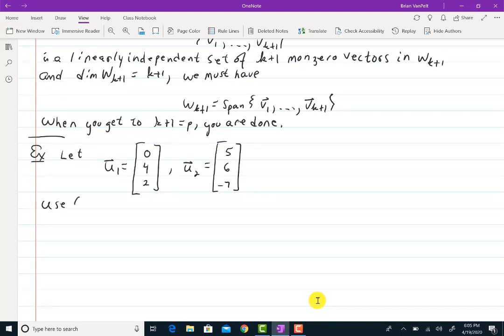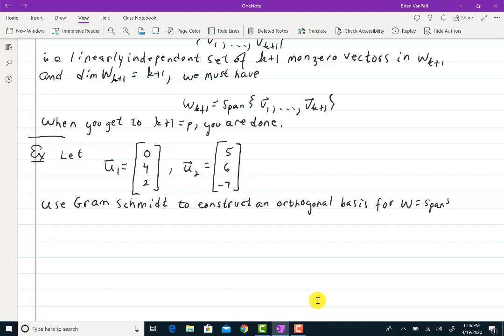Use Gram-Schmidt to construct an orthogonal basis for W, which is the span of u1 and u2.